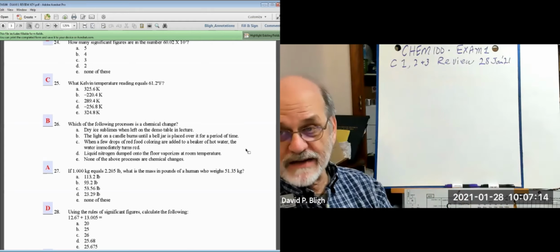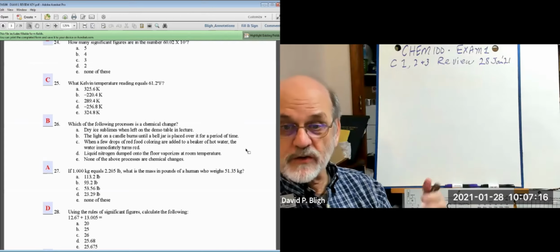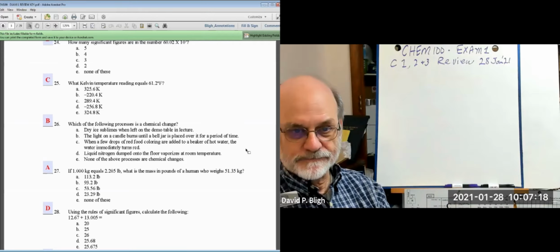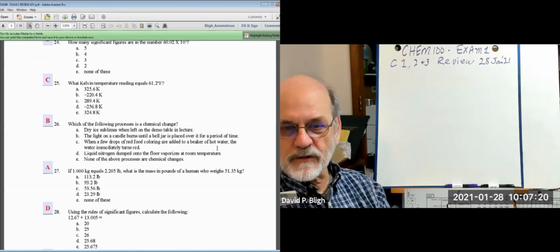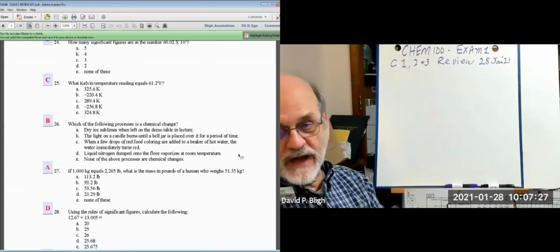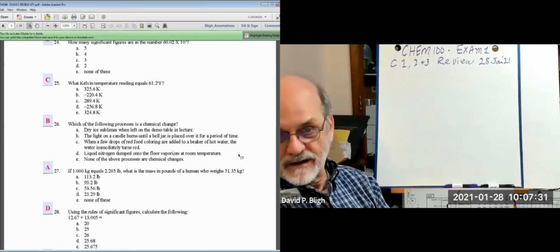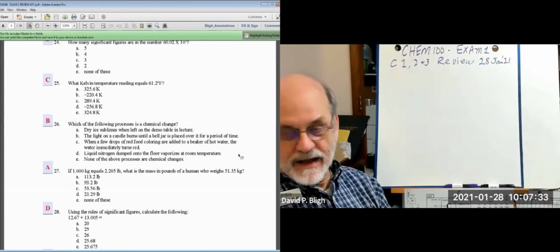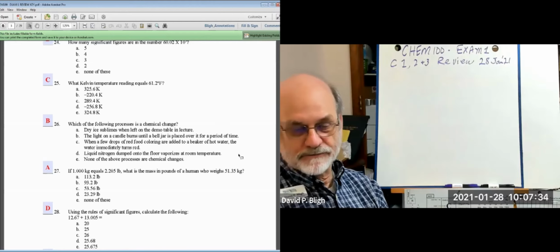We didn't change any identity. We just mixed two things together. Liquid nitrogen dumped on the floor vaporizes. That's pretty cool too, to watch it. In fact, you can put liquid nitrogen in your hand, and as long as you keep moving it, right, it won't burn you. And then to get rid of it, you just slap it on your pants.